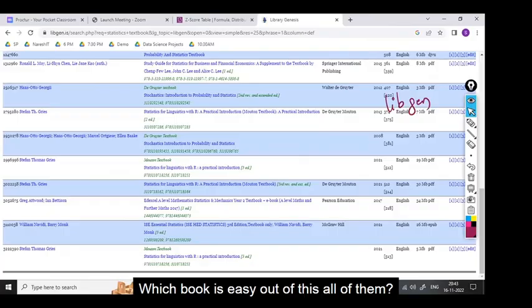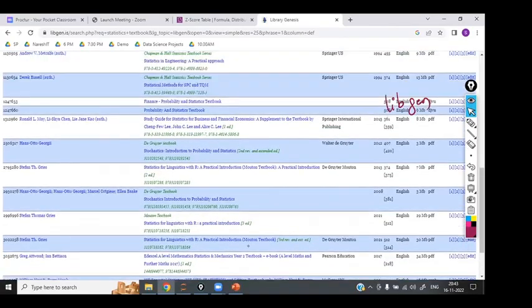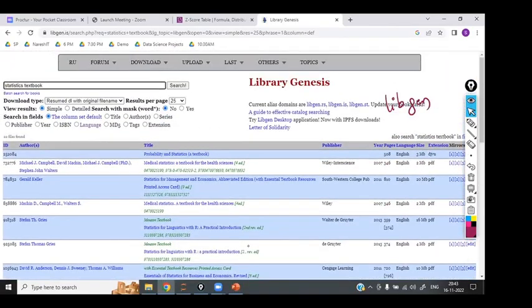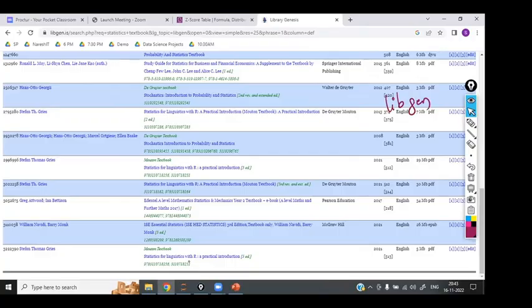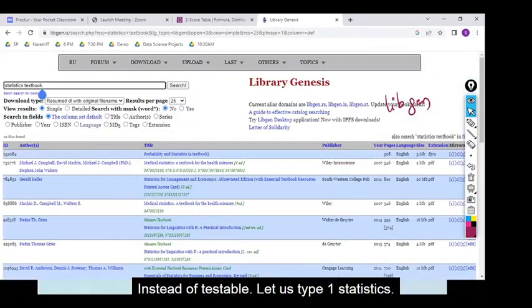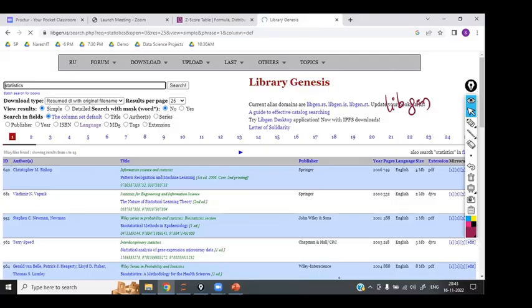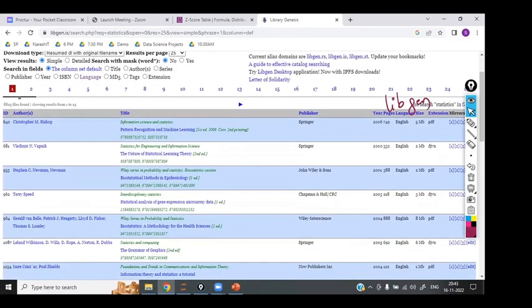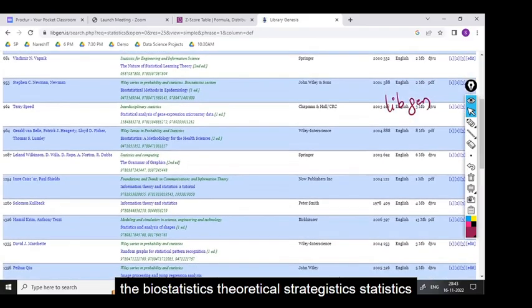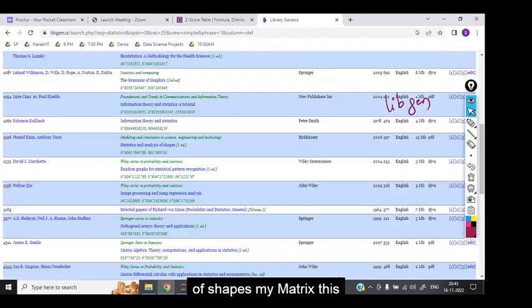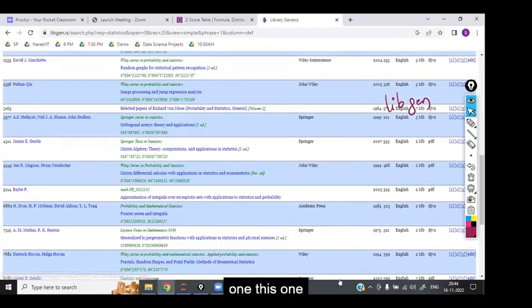Which book is easy out of all of these? Instead of textbook, let us type only statistics. Biostatistics, theoretical statistics, statistics of shapes, matrix, this one.